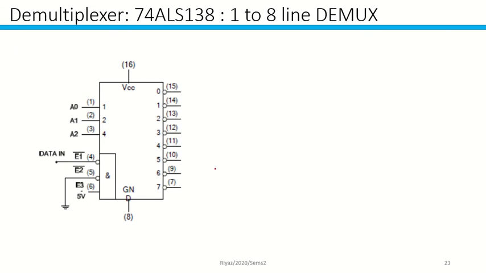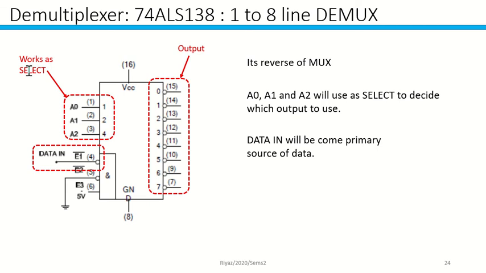So this is how it looks for the 74LS, ALS 138. It's a demultiplexer. This will work as your selector. So always remember about your fan. For your fan, you're going to have your dial over here, 1, 2, 3, 4, and then your selector, and then this is your fan.